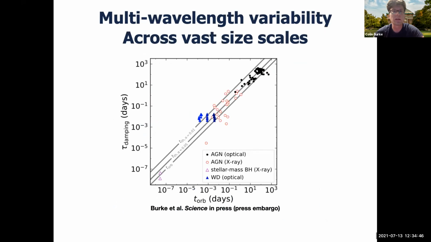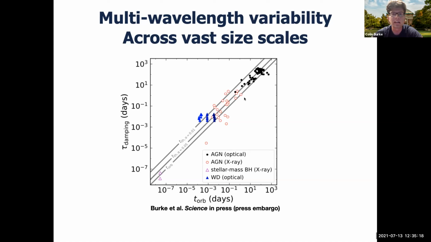So just for fun, we also plotted all of this on the same plot to try to unify our interpretation of this damping timescale. Here I plotted the damping timescale versus the orbital time. And so the y equals x line here is the orbital time. And for comparison, we have the thermal time with our value of alpha of 0.05 and 0.01 as well to guide the eye.